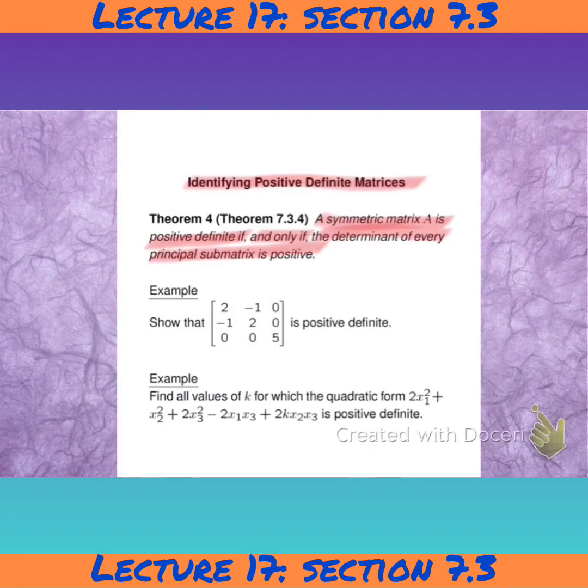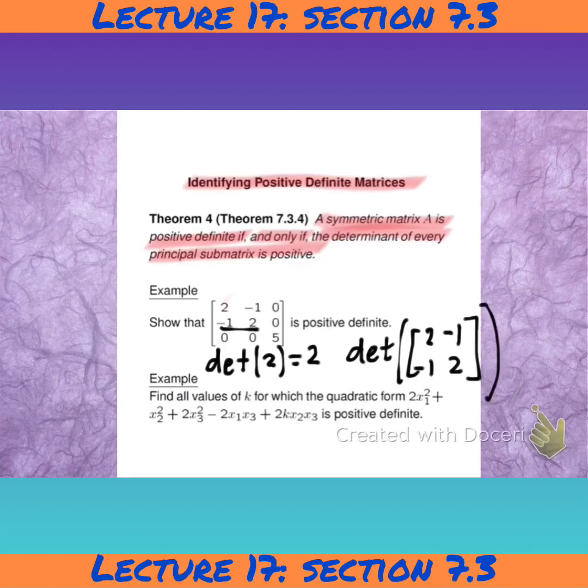So to show this, if we look at this matrix and its principal submatrices, the determinant of the first one is 2. Then the next principal submatrix is the matrix 2, minus 1, minus 1, 2.